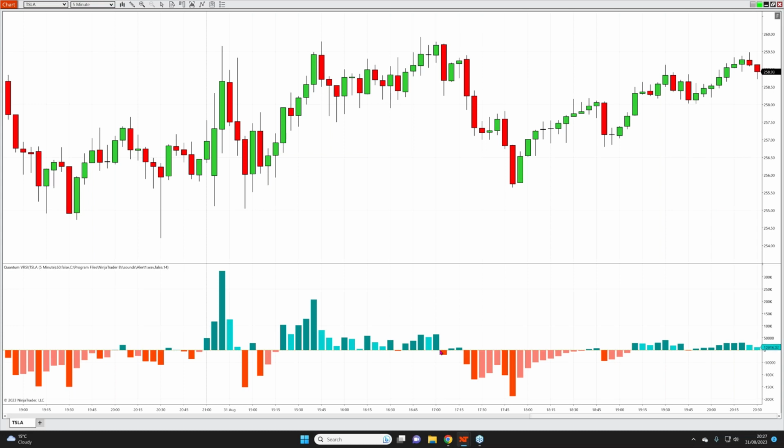The second aspect that's important are the color changes. Where we have these darker colors here, that is signifying strength. And where they change to lighter colors, that is signifying a diminishing of that strength. So where we see a bullish rally here, for example, we're in a darker color, and then as that sentiment wanes, we transition into the lighter color.